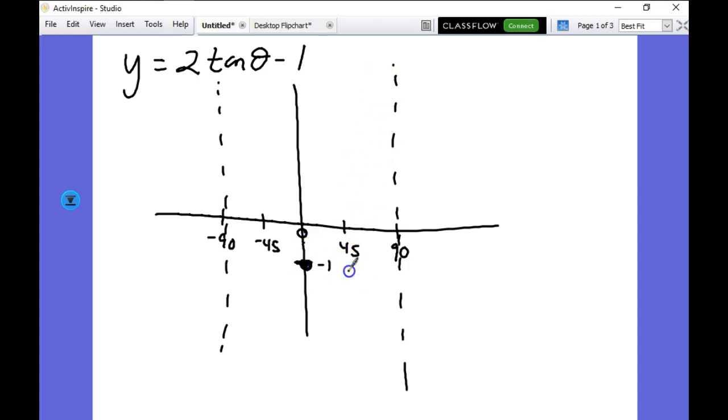So as I go over, I'm going to go up this way. And as I go to the left, I'm going to go down. Does that make sense? But the question is how far up and down. And that's what this number tells us. That's our vertical stretch. So I'm going to go over 1, up 2. And over 1, down 2.